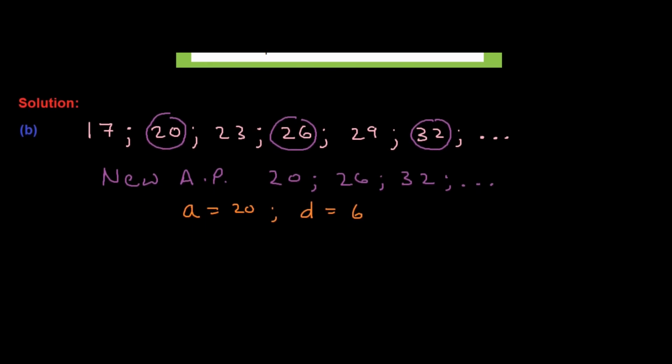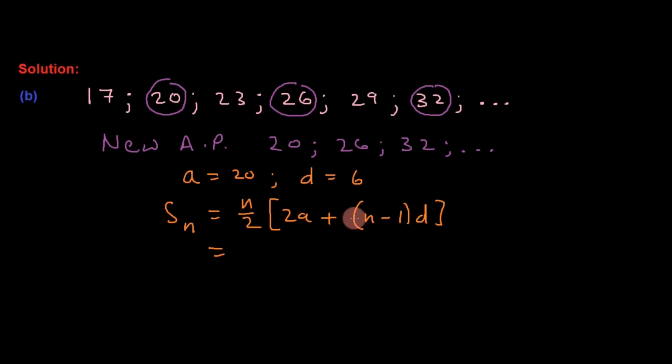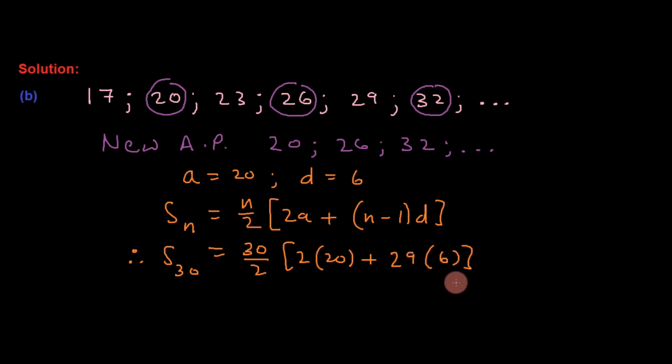And we can use a sum formula to find the sum to 30 terms. So S sub n is n over 2 into 2a plus n minus 1 times d. And just substituting in our values, we want S sub 30, so it's 30 over 2 into 2a plus n minus 1, which is 30 minus 1, or 29, times d, which is 6.